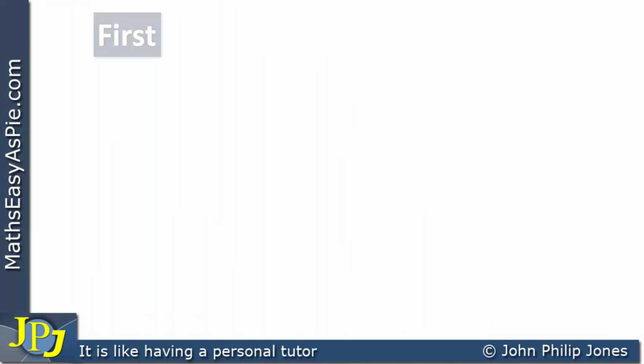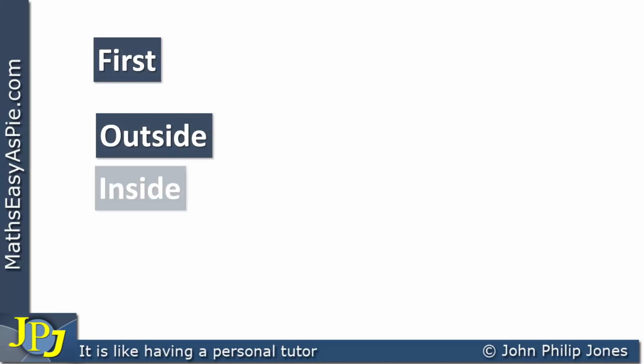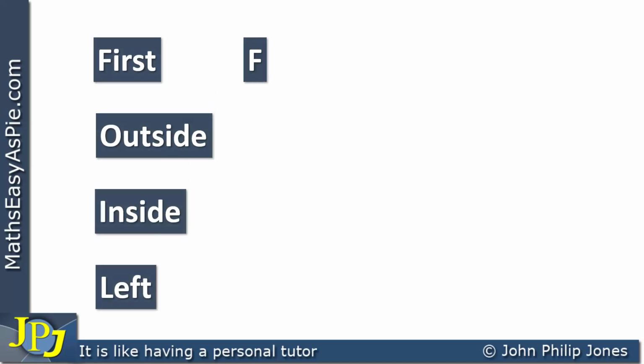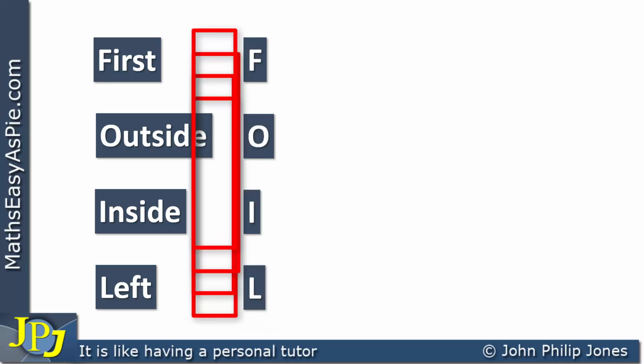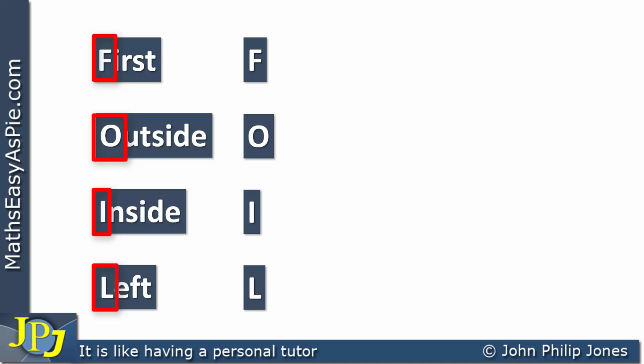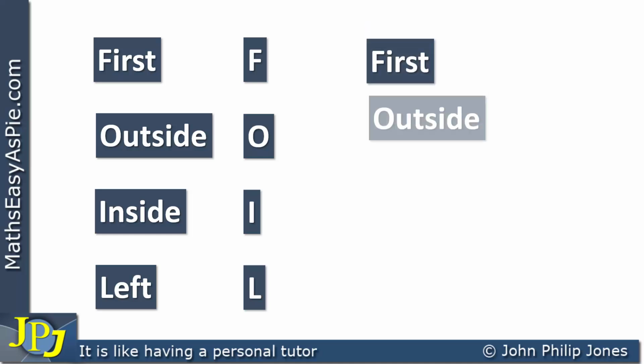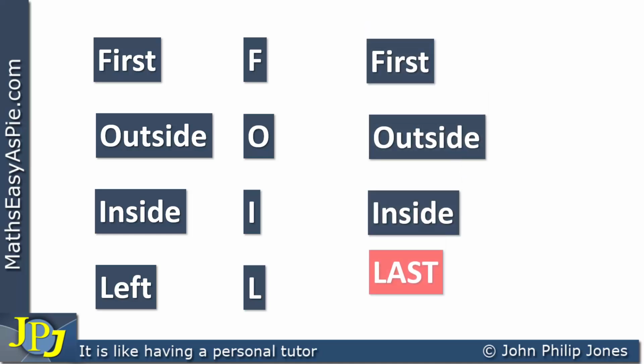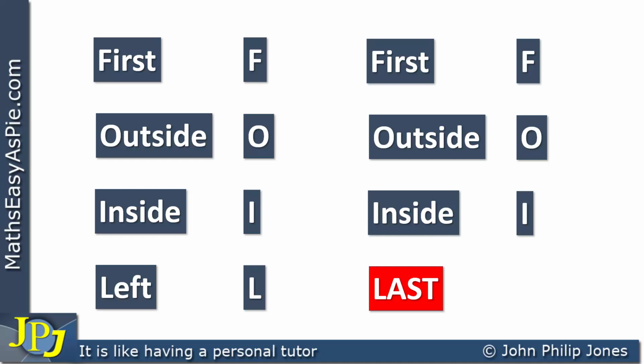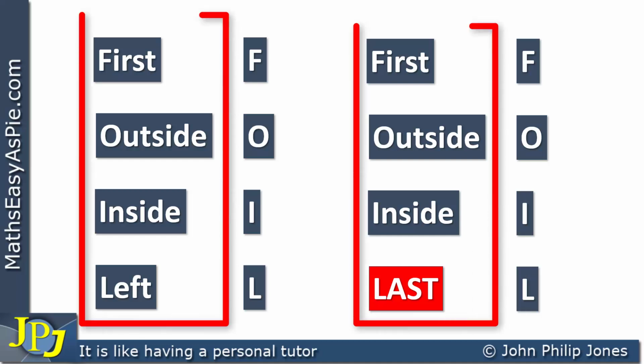Now we've considered the use of the FOIL method, which we should consider to be the words first, outside, inside, left, which spell FOIL if you take the first letter of each of the words. Now an alternative to this, which is frequently used, is shown here: first, outside, inside, which is the same, but people will often say that the last word to be used is the word last, and both spell FOIL.